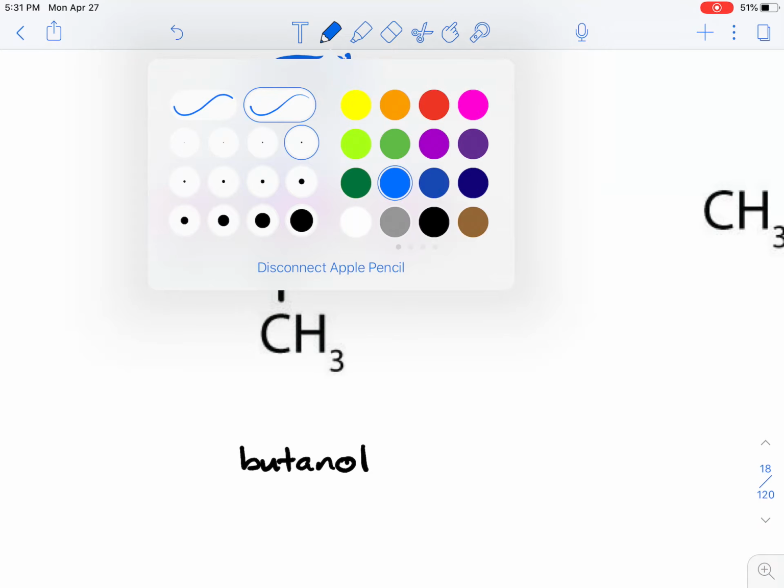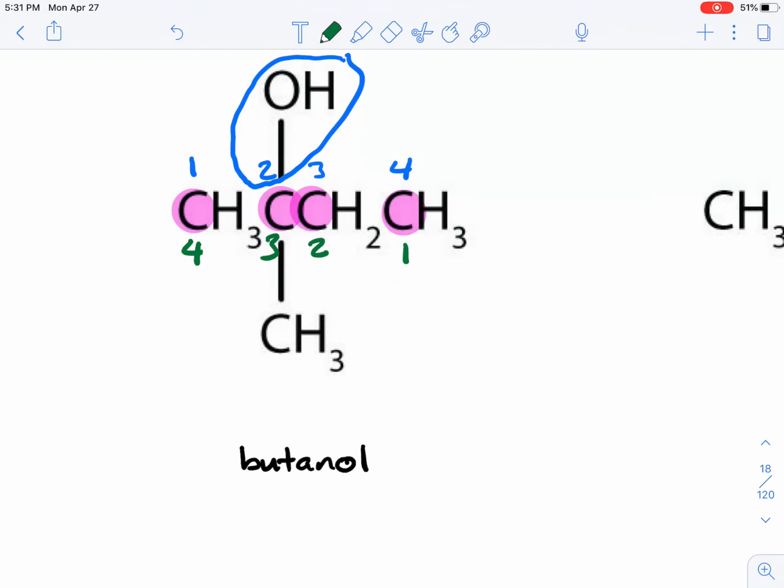But if I were to number it from right to left, my alcohol would be on carbon 3. And so since 2 is less than 3, it looks like the numbering scheme going from right to left is incorrect. And the numbering scheme going from left to right is correct.